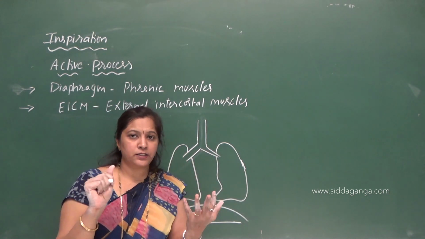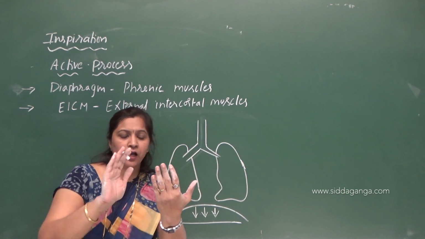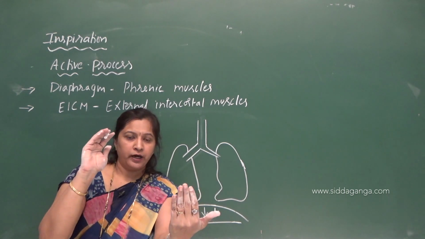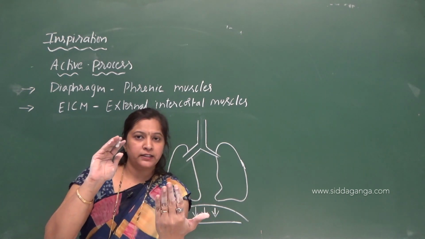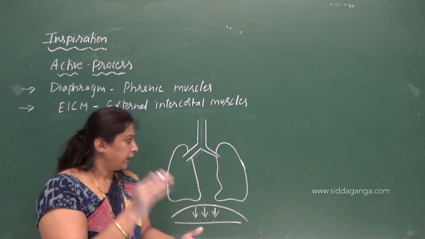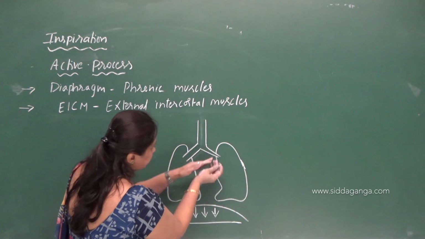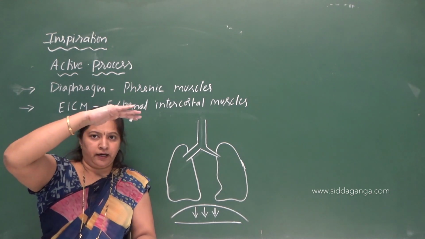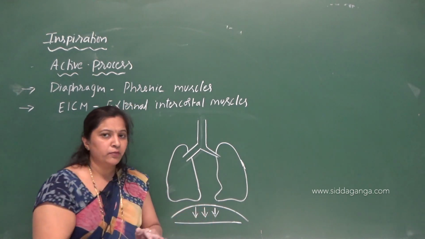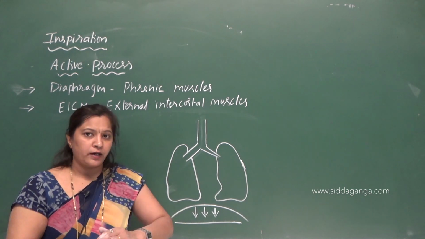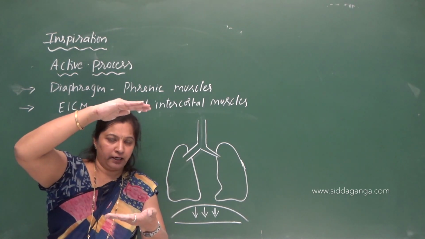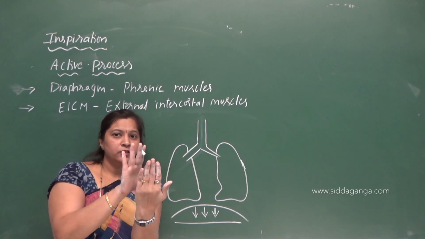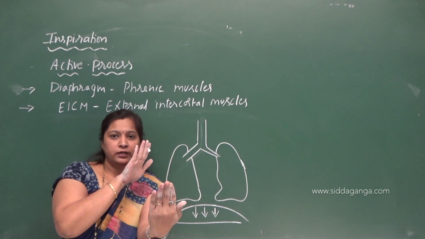Then when the external intercostal muscles, which are present between the ribs, contract, the ribs and the sternum are pulled outward and upward. This increases the volume of the thoracic cavity dorsoventrally. So the contraction of phrenic muscles increases the volume anterior-posteriorly, whereas the contraction of external intercostal muscles increases it dorsoventrally.